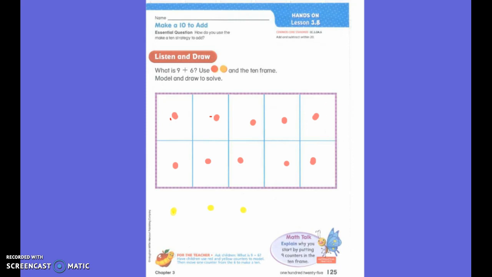So we're going to do something very similar today, except it's just a little bit different. We are doing, you are right, 9 plus 6. Okay, so I'm going to put 9 on.